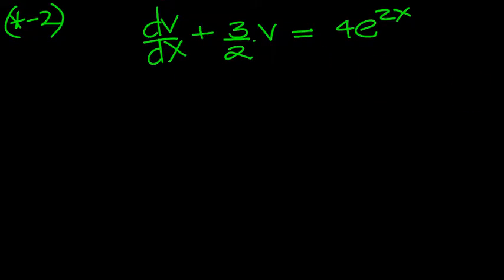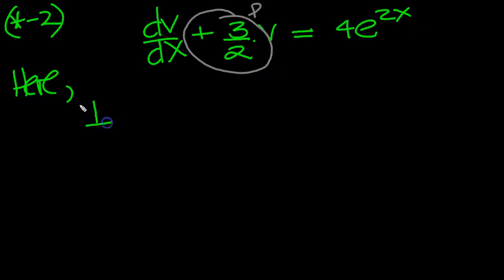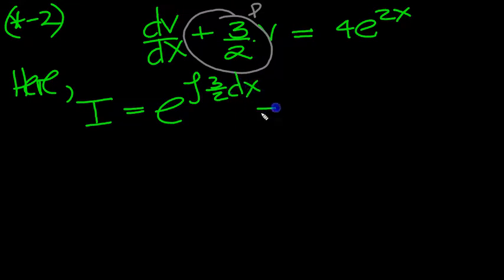Now we've got an integrating factor method problem here. Separate problem now. So we can just mark off the p, and we can find the integrating factor. The integrating factor is e to the integral of p, 3 over 2, dx, which equals e to the 3x over 2. There's our integrating factor.